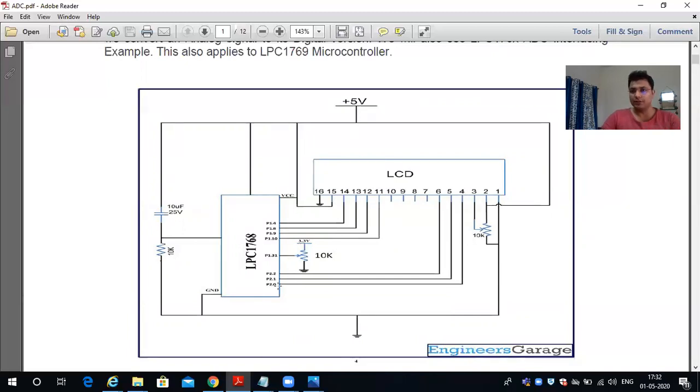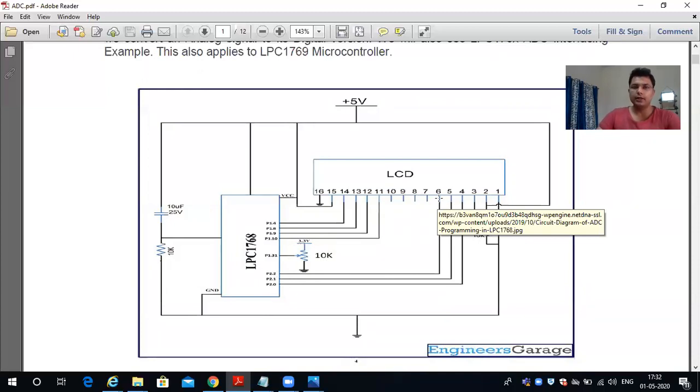If it is 0, it is a command, and if it is 1, it is data. The 5th one is for read and write. Writing and reading will be decided by port number 2, pin number 1, and port number 2, pin number 2 is for enabling. In a separate module where I will discuss the LCD in detail, we will go into the pins, their configurations and their importance.